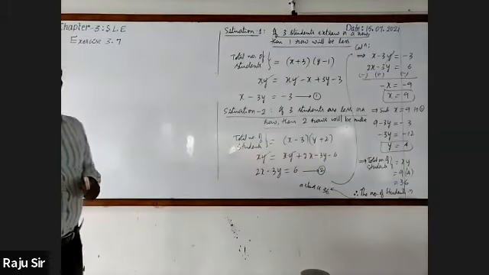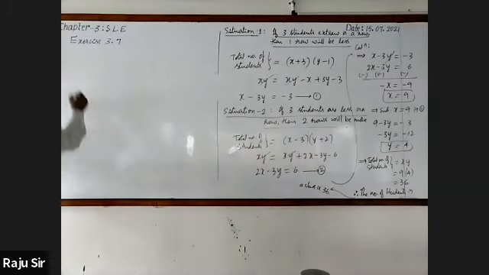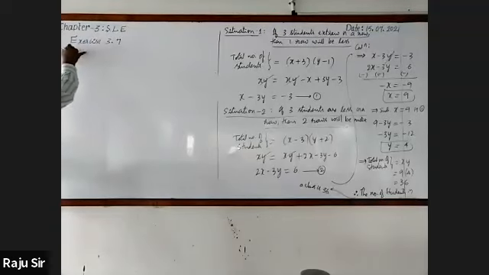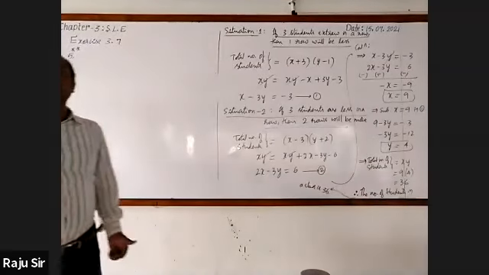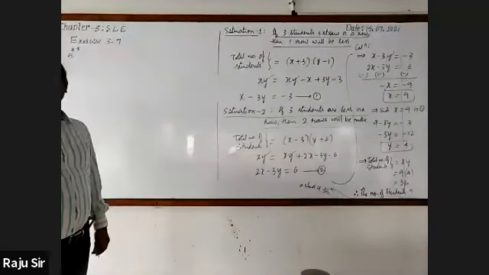Now we are moving to the next one, the fifth one. Put a double star mark. They are given angles of a triangle.